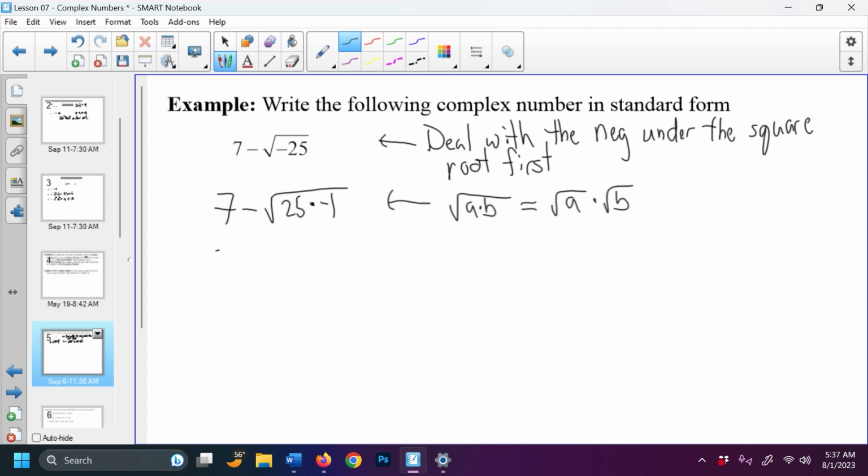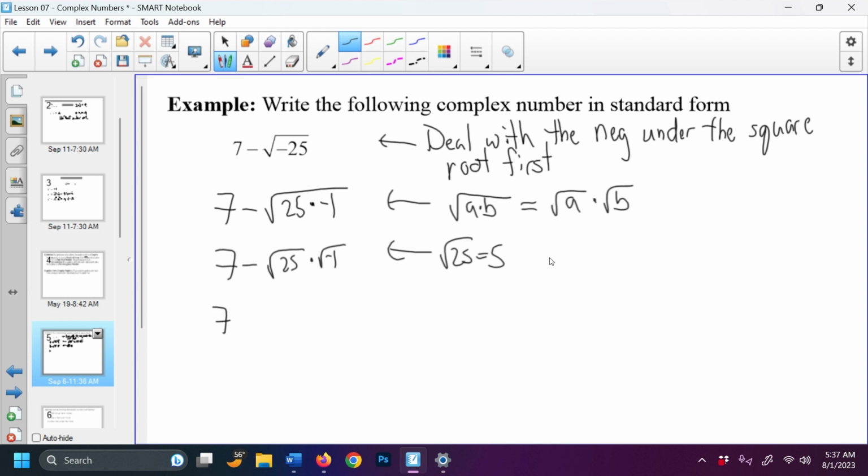And so we'll break that down. 7 minus the square root of 25 times the square root of negative 1. In this particular instance, the square root of 25 is a perfect square, so the square root of 25 is just 5.